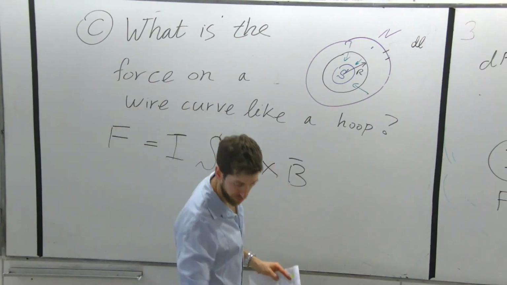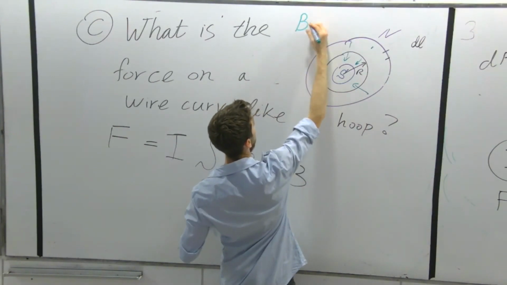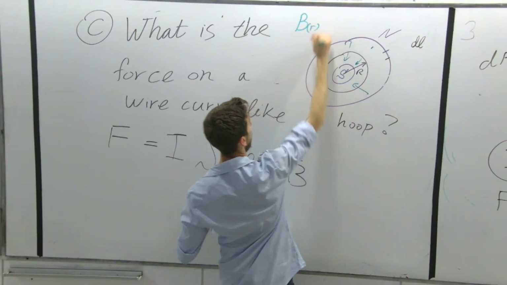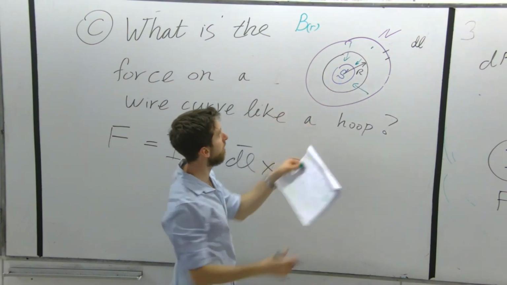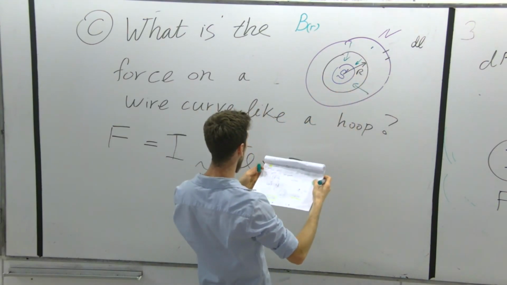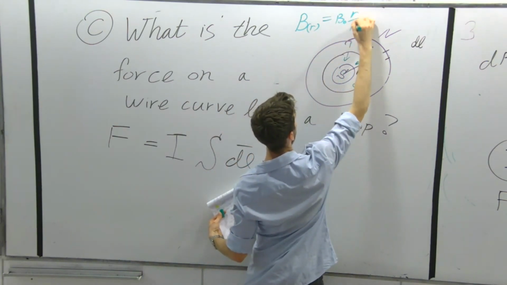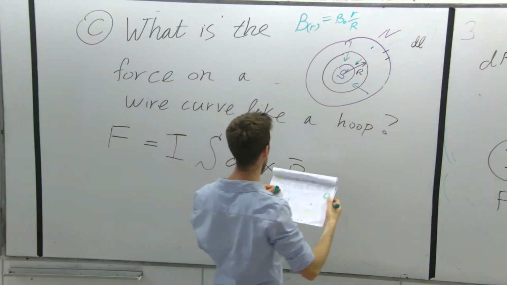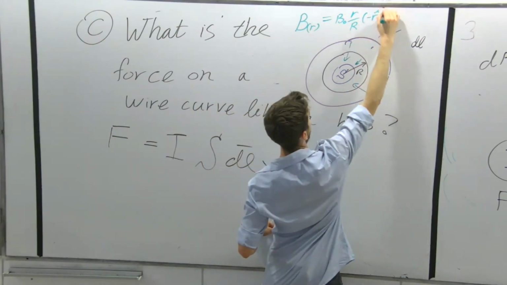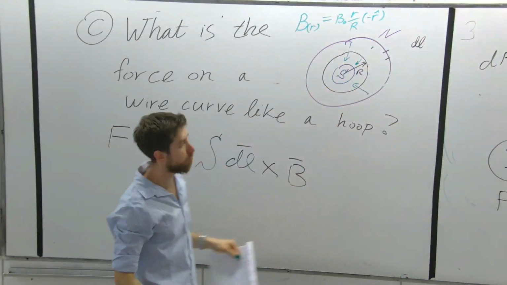B is a function of the radius, of the radial direction, how far I am from the poles. It's going to be some constant R divided by capital R, at minus R. It must be minus R, otherwise it will not hold.